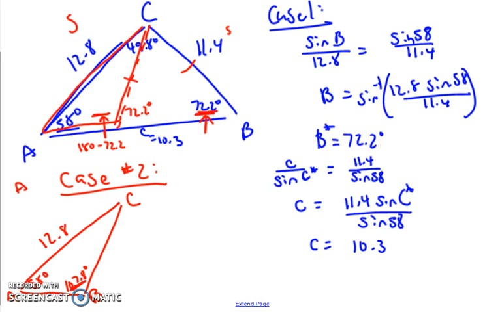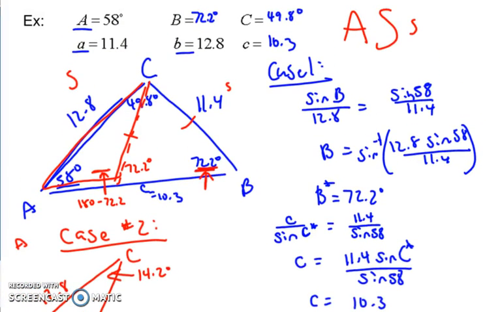So store that as B. And then angle C has to be 180 minus the parentheses, the sum of 58 plus that stored angle B, the 107.8. And I get that angle to be approximately 14.2 degrees. And while I'm thinking of it, I'm going to go ahead and store that as angle C.